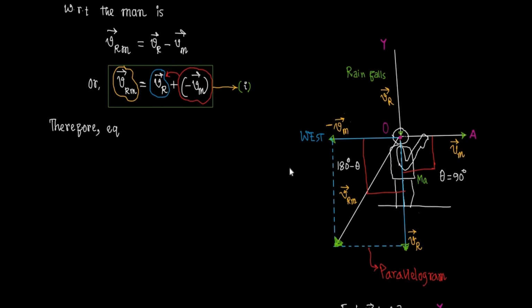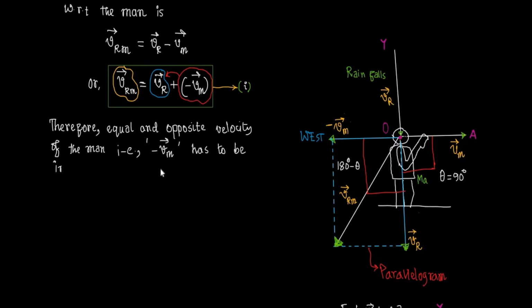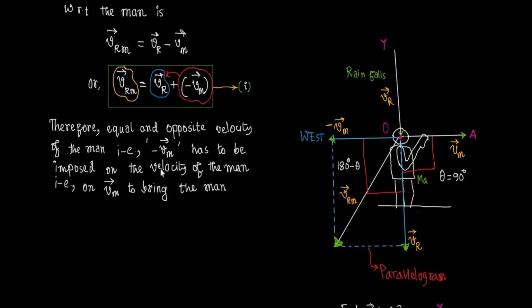Therefore, equal and opposite velocity of the man, that is minus vector Vm, has to be imposed on the velocity of the man, that is on vector Vm, to bring the man at rest.